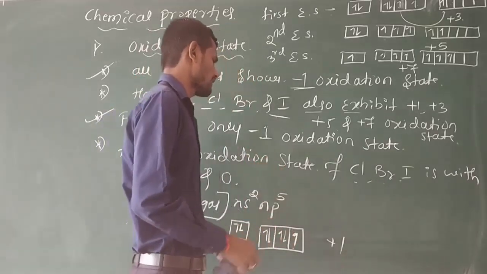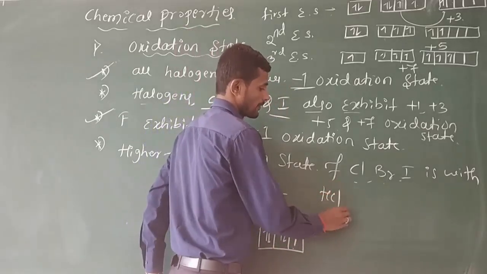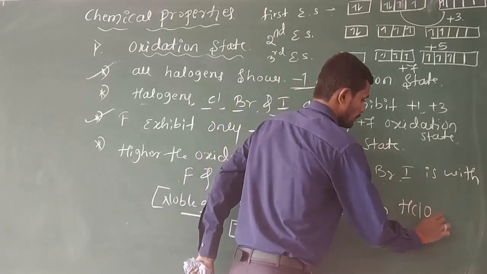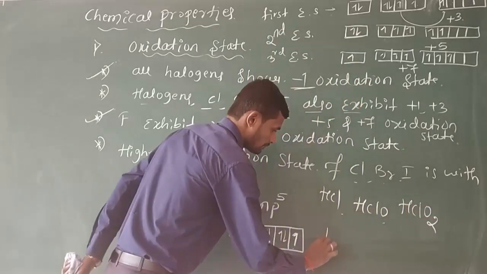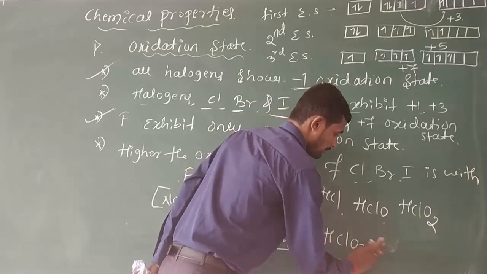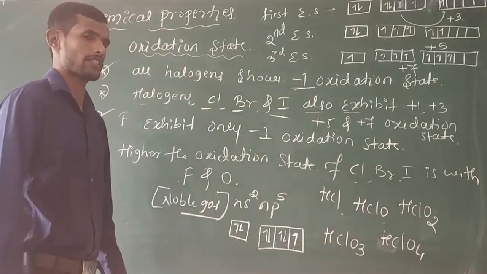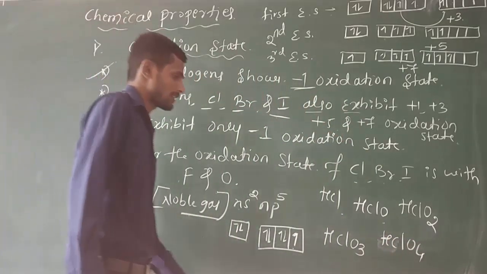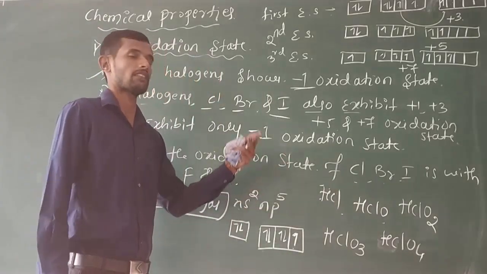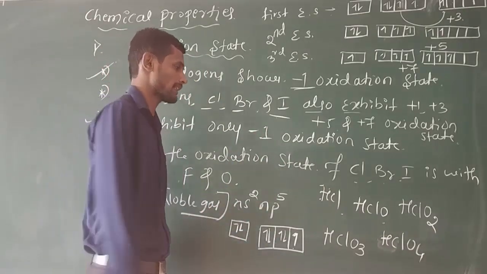Okay, students, if you take some examples like HCl, HClO, HClO2, HClO3, HClO4. Now the oxidation state. Why do I write these examples? Some compounds show +1, +3, +5, etc. oxidation states. These examples prove that concept.